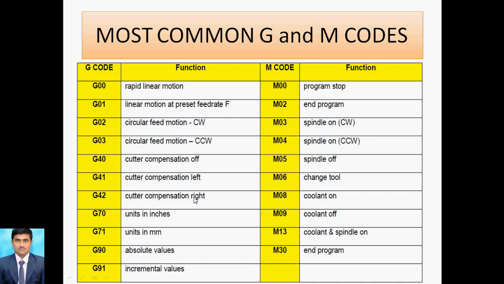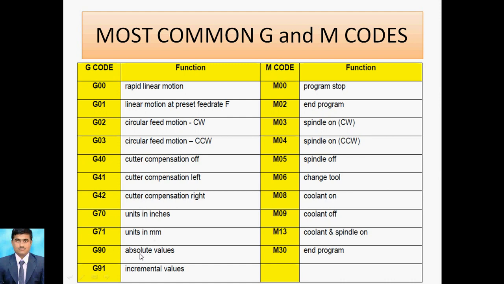Whenever the tool is in contact with the workpiece on the right side and you require compensation, you can use G42. Then G70 is units in inches. If you are using the inch system, you can use G70. If you use the metric system, units in mm, you can use G71.